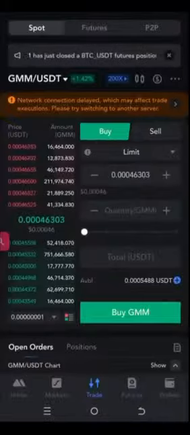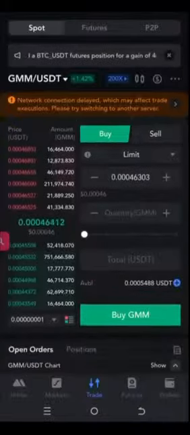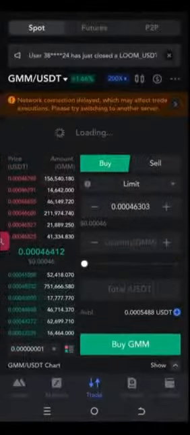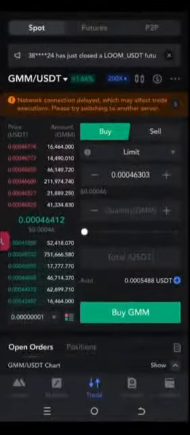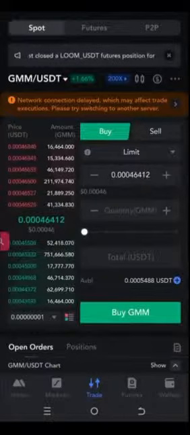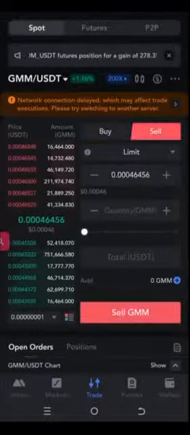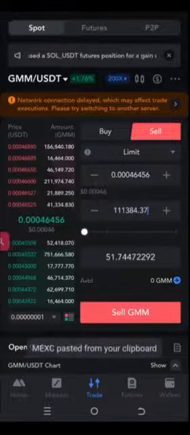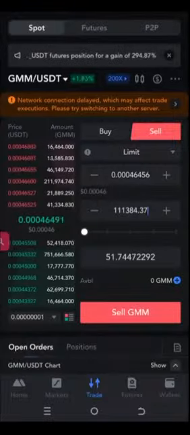I'm already on the MEXC page. So first off, this is the current price. We want to sell, so this is the sell part. Then we place in our GMM. Oh, that's $1.74, looking like almost 3% plus.